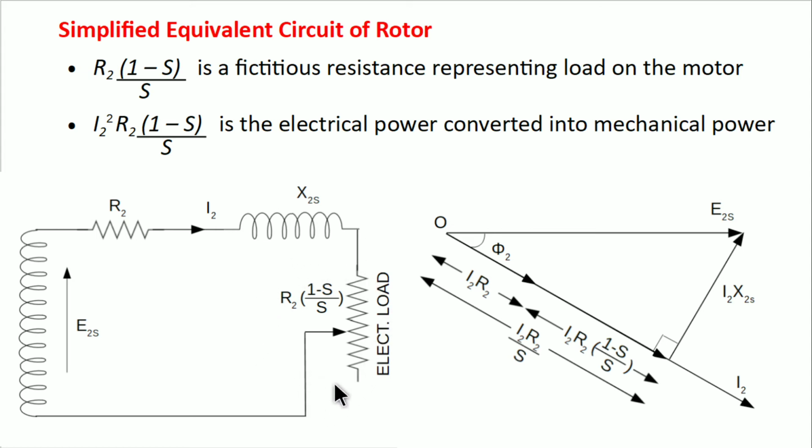The power consumed by this resistance is obtained by multiplying by the square of the current: I2 square R2 (1 minus S) over S. It is the electrical power converted into mechanical power, which is the function of the motor. We can find out how much electrical power is converted into mechanical power from R2 into (1 minus S) over S multiplied by I2 square.